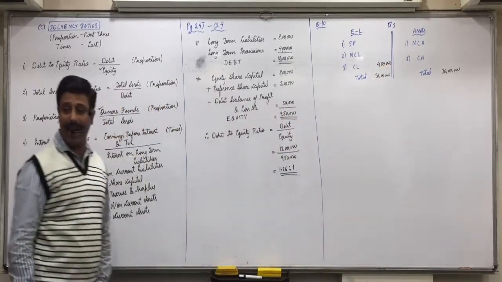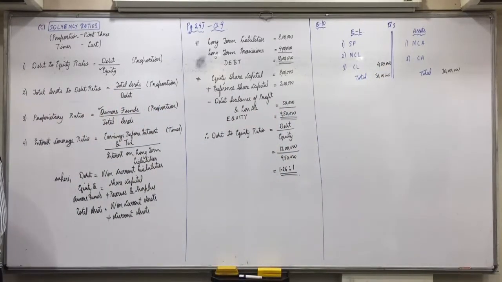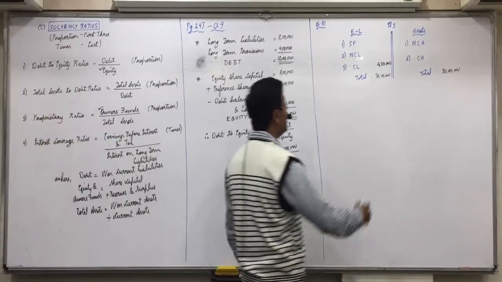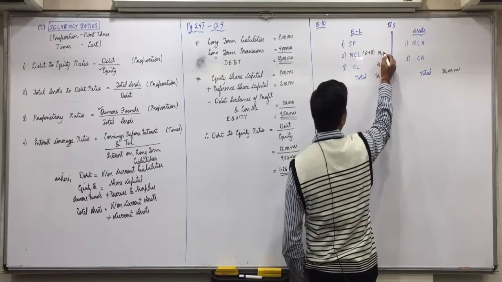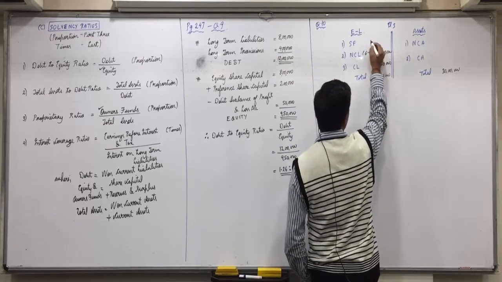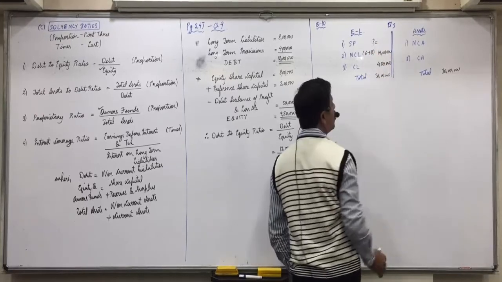Current liabilities are 4,50,000. And non-current liabilities include that 6 lakhs and 8 lakhs, 14 lakhs. So, can you find shareholders' funds or not?